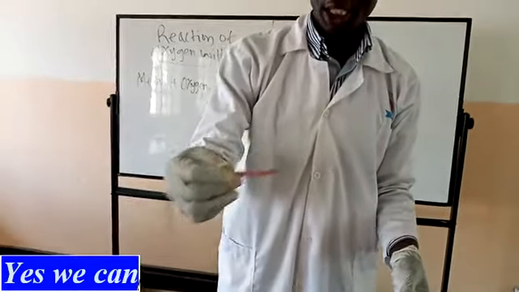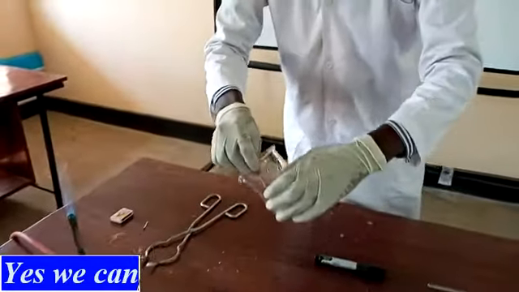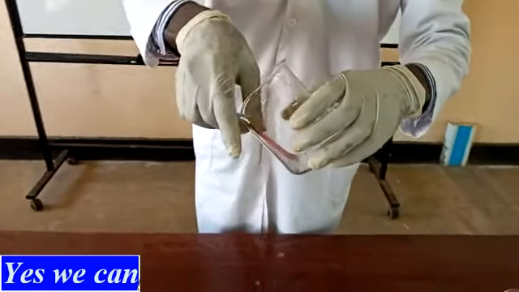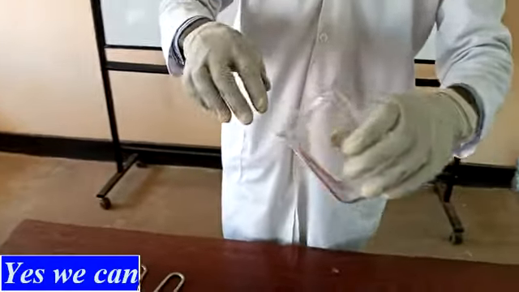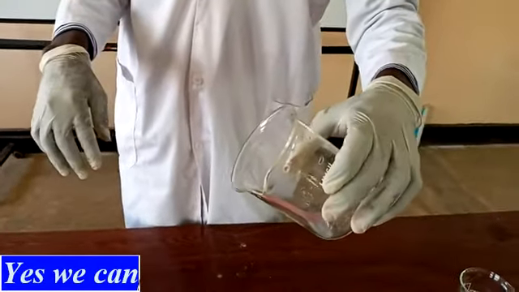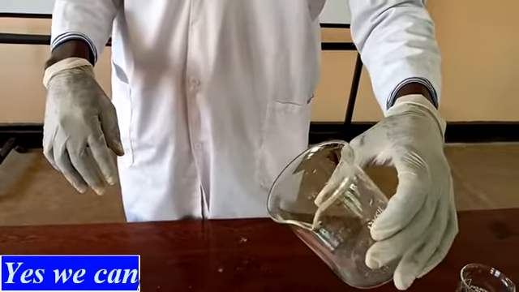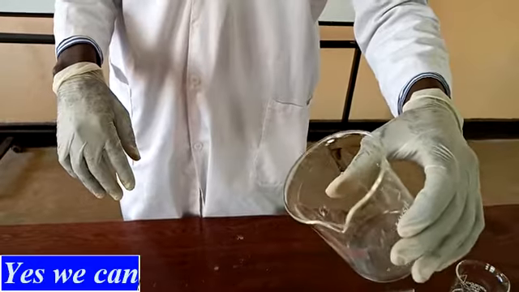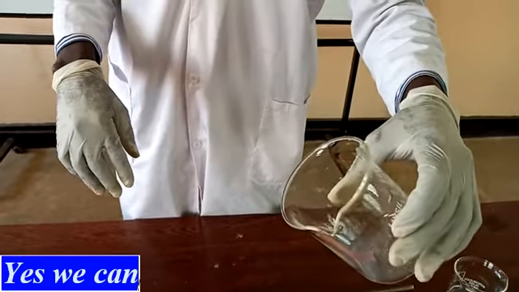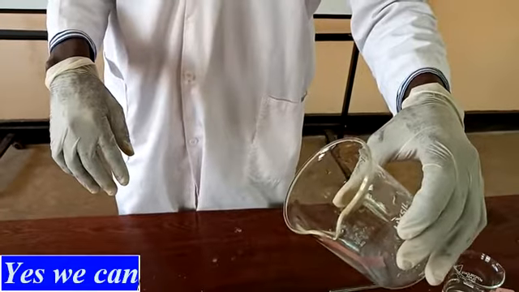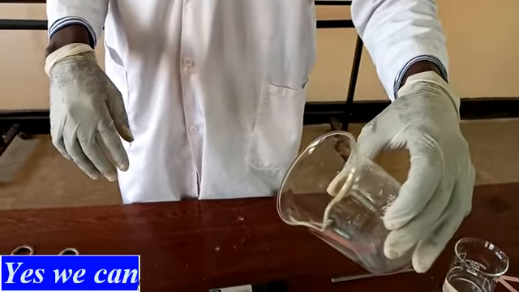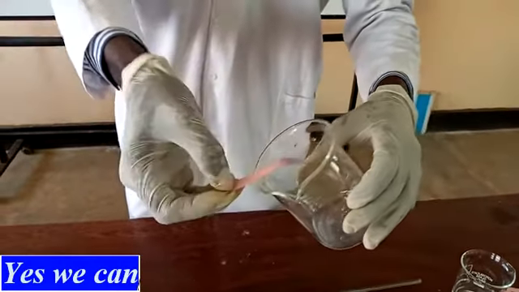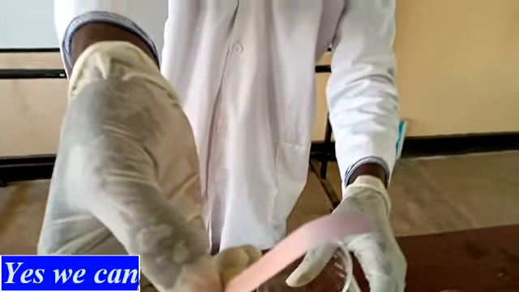We are going to dip it in this solution. See whether it can turn the color to blue. So we are leaving it there for some time. So, look at this, where we dipped.